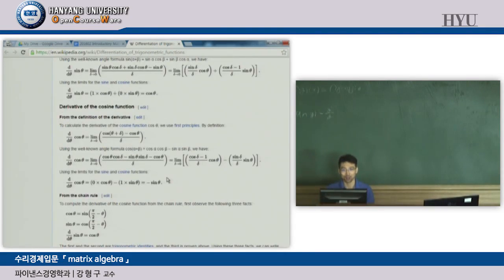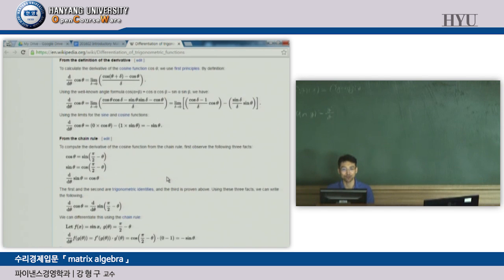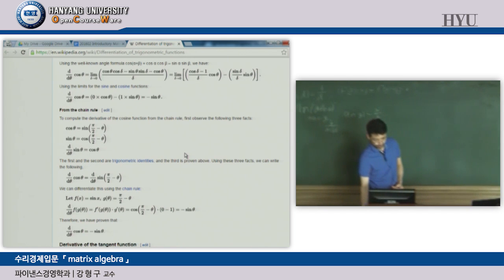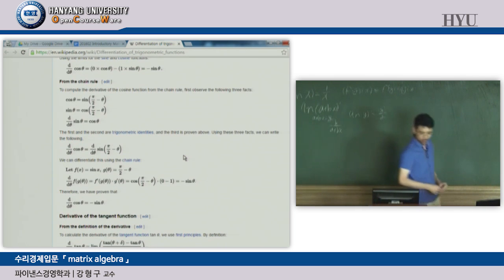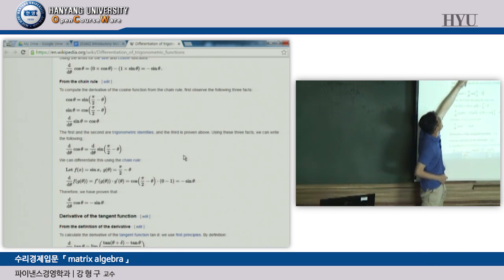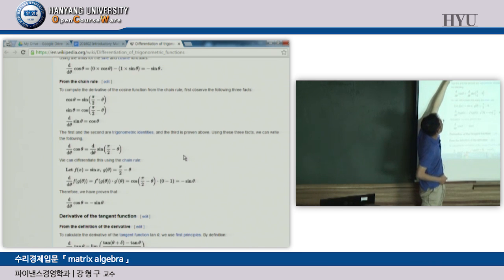There are many different versions of the proof. From the chain rule, this one is actually easy. Basically we are using the chain rule. Cosine theta is the same as sine of pi over 2 minus theta, and then we use the chain rule.